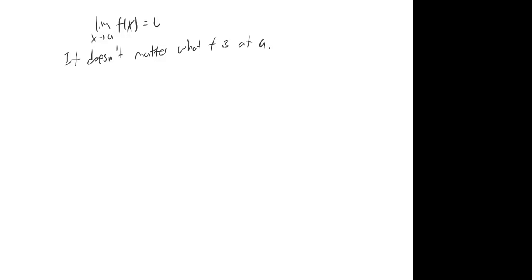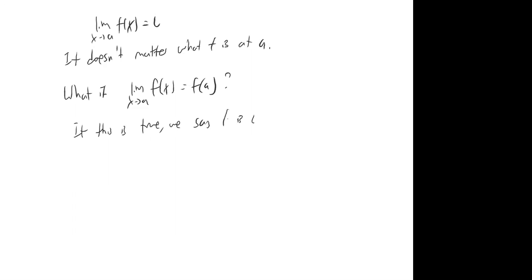But then let me ask, what if the limit was the value at a? So what if limit x goes to a, f of x is f of a? We have a definition for this, right? If this is true, we say f is continuous at a.